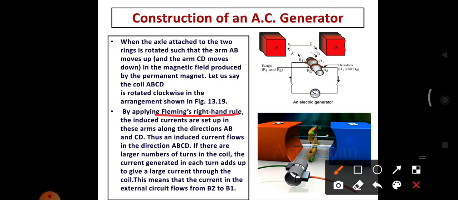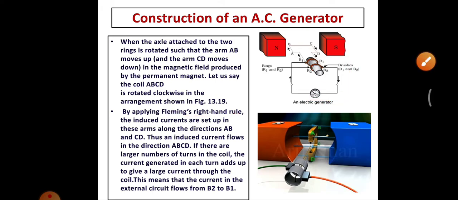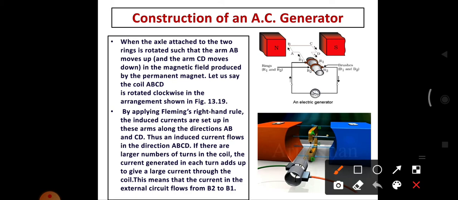By applying Fleming's right hand rule, you have to find the induced current direction. Take your right hand, with the thumb, forefinger and middle finger. Here the forefinger represents the direction of the magnetic field, and AB is moving outward.